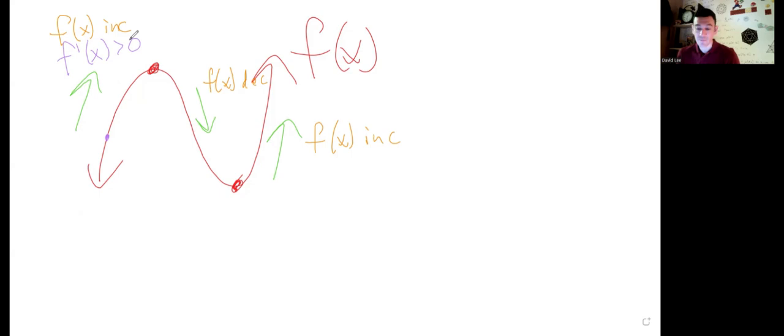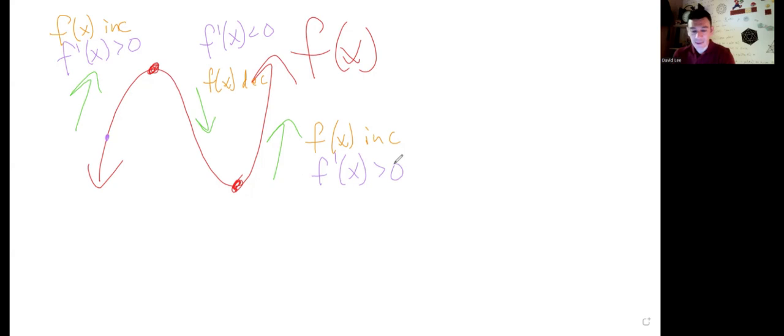That means positive. In the middle, when the graph was going down, f was decreasing, which implies that f prime, the derivative, would have been negative. Here at the end, f is going back up, f is increasing, is the same as f prime being positive.